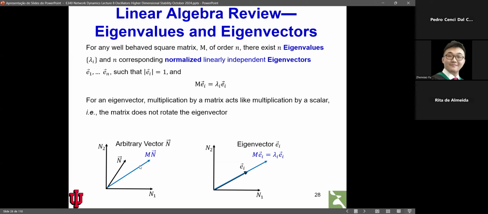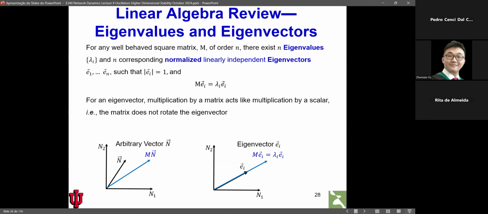So what I do is multiply this by lambda. If I have an arbitrary vector, then I will also rotate it, and this makes it more difficult to analyze what the Jacobian is going to do with the equation.